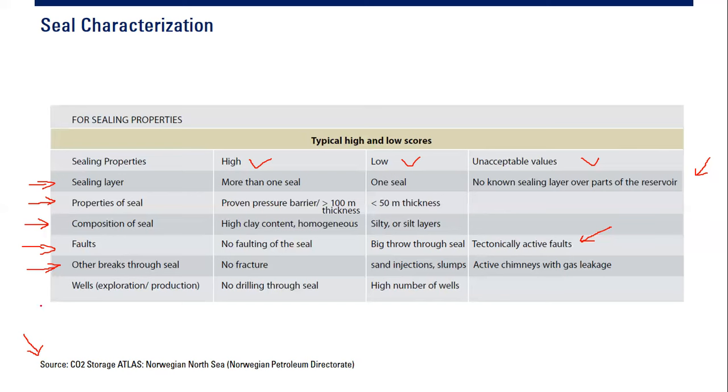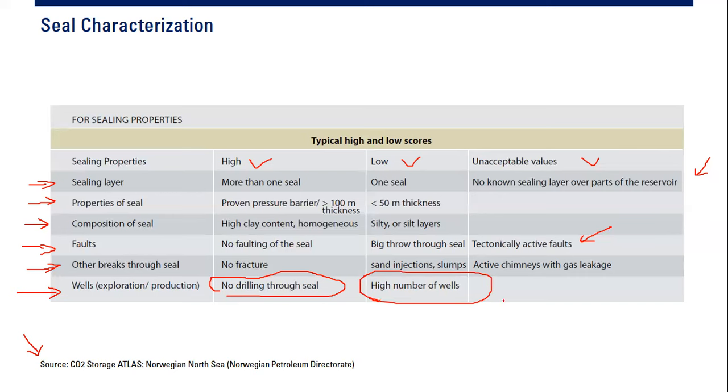And one last thing is wells, exploration or production wells. If there is no drilling through the seal, of course, it's considered a good seal. It's a virgin seal. So if you have no wells penetrating that seal, then yes, it's considered a good seal. If you have a high number of wells penetrating through that seal, then it's considered not a good seal for your CO2 storage.